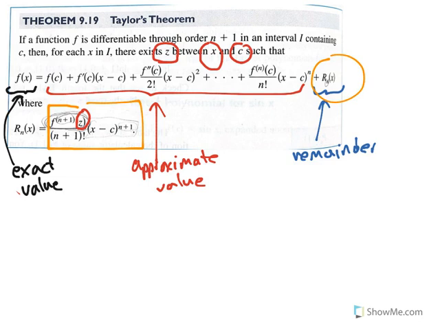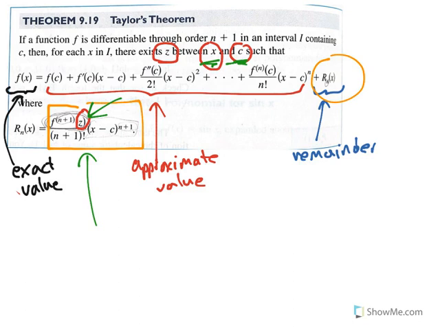We just have a possible range of values for the remainder depending on what we choose for z, z being between c and x. So we have this theorem and it tells us what the remainder is, but we can't really use it unless we're able to have some idea of how large this remainder could be.